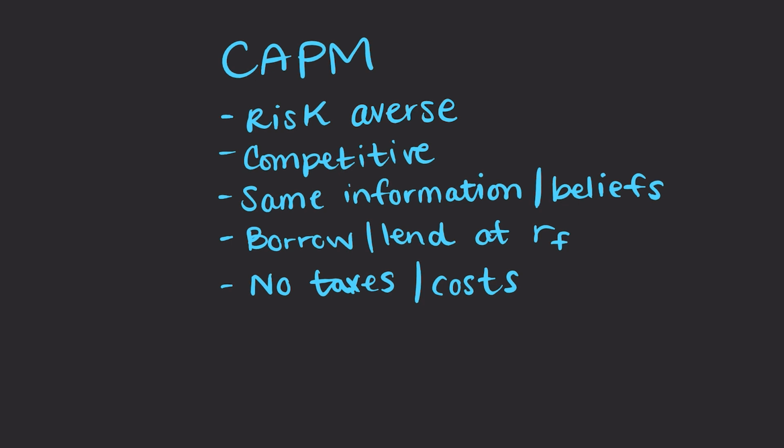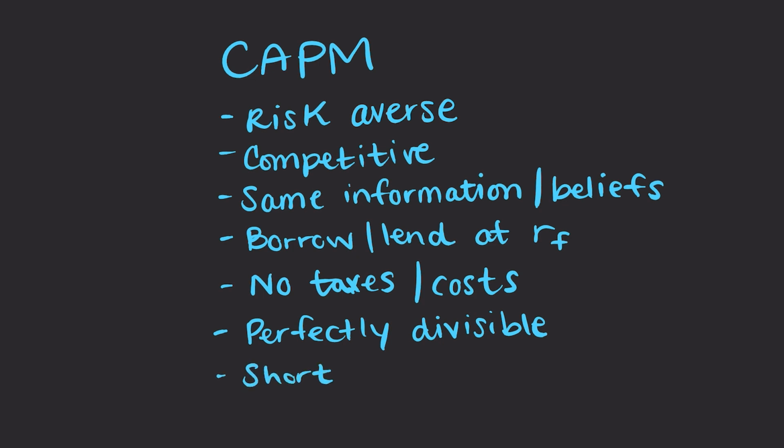What this means is there's basically no market frictions that make it difficult or troublesome to rebalance your portfolio. And we're going to assume that assets are perfectly divisible and you can short sell. What this means is that you can basically choose your portfolio weights to be whatever you want. There's no kind of jumps that are required because you need to own whole shares.